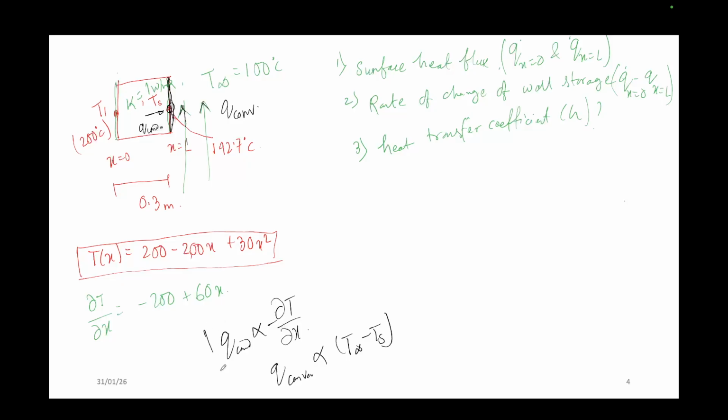So what is the mixed boundary condition? That means what I have said, del T del x should be a function of T, right? So see, if it is proportional to this and it is proportional to T, I can write that now del T del x is a function of T.